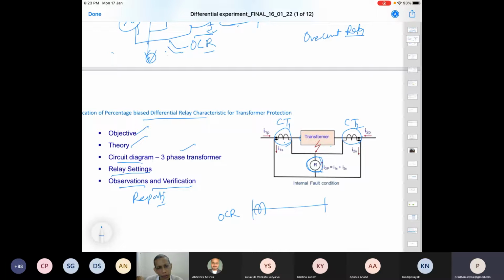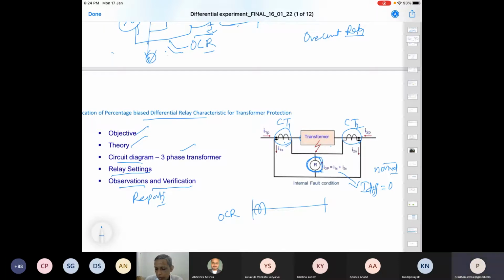And what is the basic background? We make the corresponding arrangement such that this differential current, I differential, should be zero during normal situation. Ideally, we make the corresponding CTs such because this is a transformer.